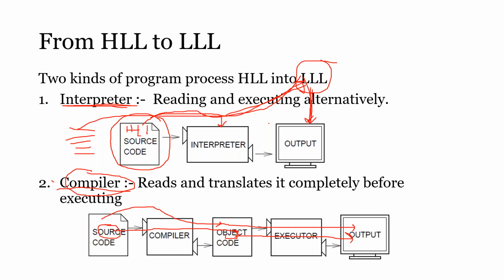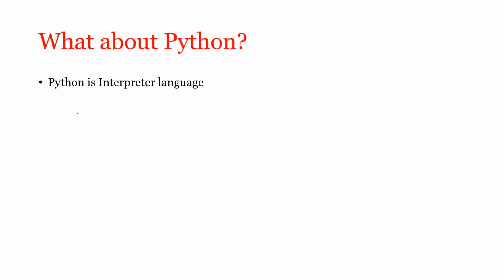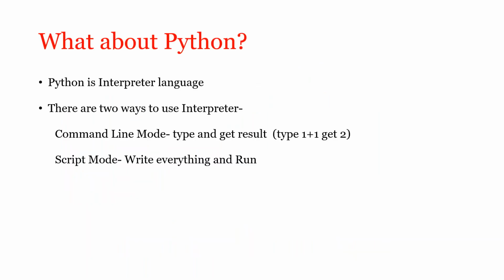Now what is Python? Python is which of these two? Python is an interpreter. It executes your program line by line. So Python is an interpreter language. There are two ways to use the interpreter. The first way is to type everything in the command line and get your result instantly.